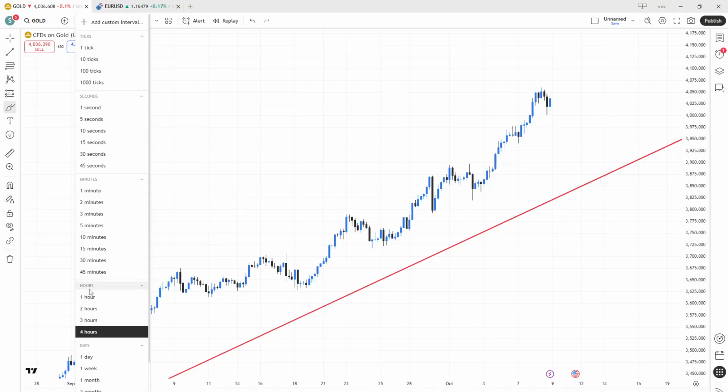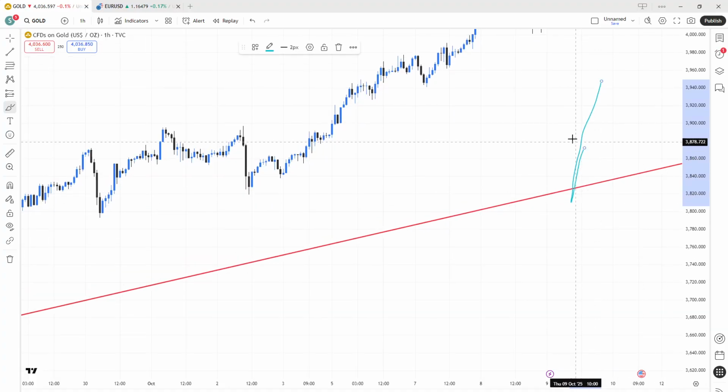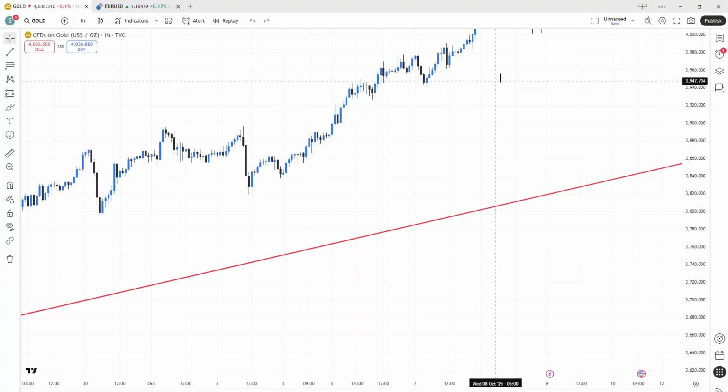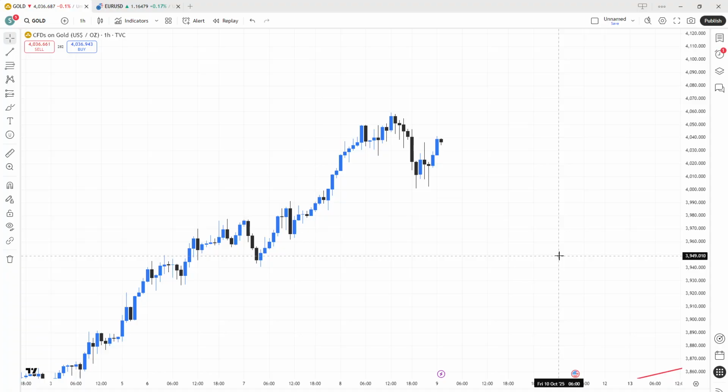Okay, so right now I'm going to go down to the hourly time frame to look for that engulfing candle that I was telling you guys about. So right here we do see an engulfing candle. What's the characteristic of an engulfing candle?